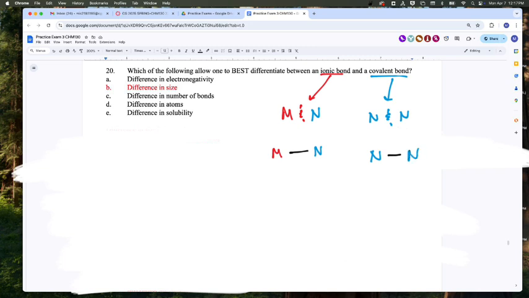How are those bonds different? They're different types, metals versus nonmetals, but we don't get an answer choice that's referencing any of that.